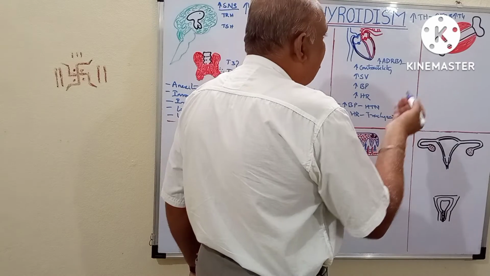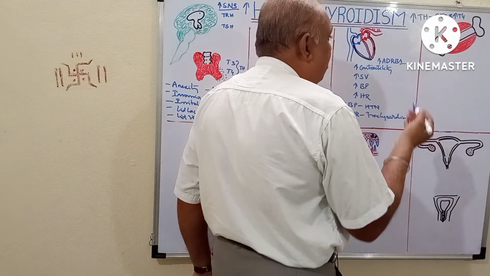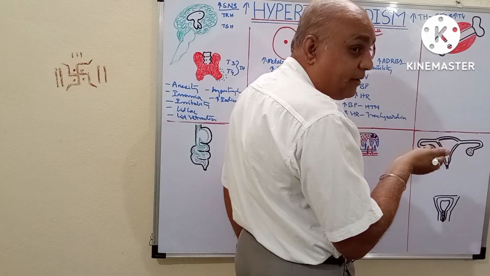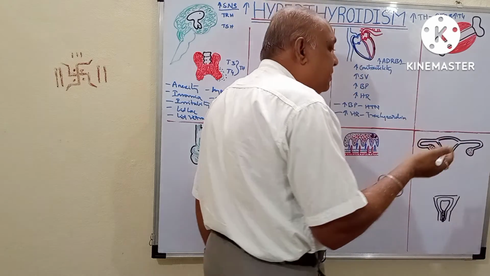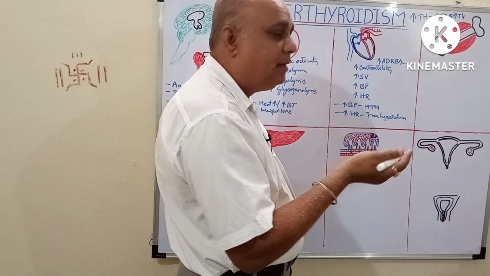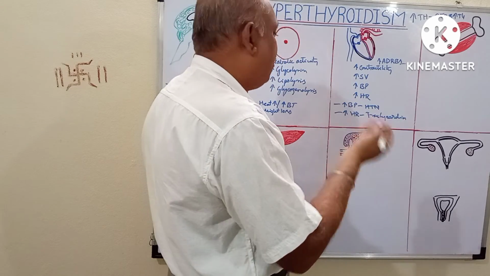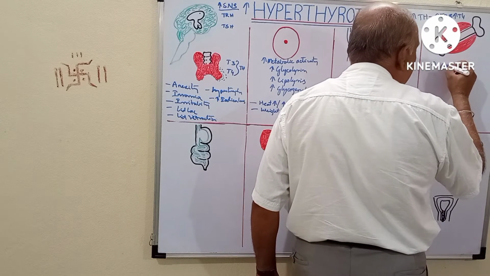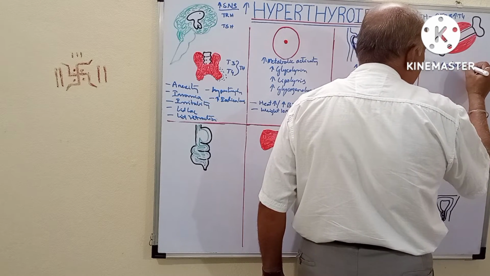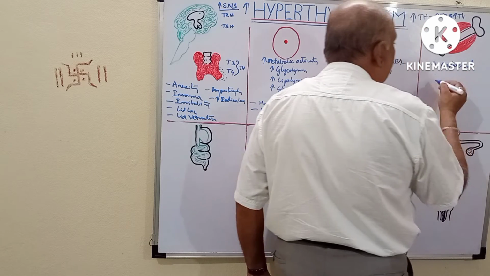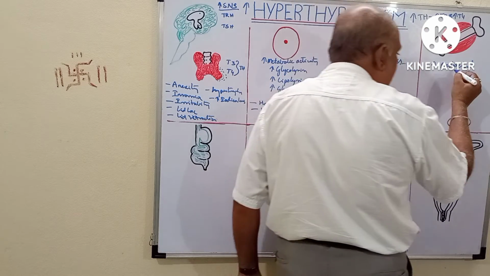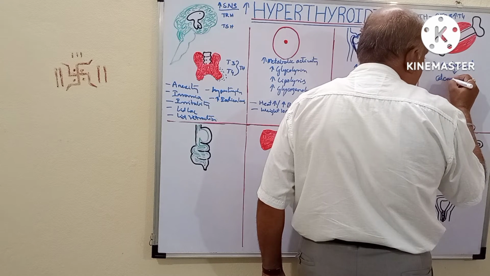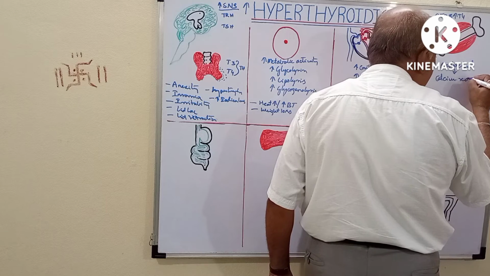In bones and muscles, the normal thyroid hormone is to maintain the balance between osteoblast and osteoclast. But in hyperthyroidism, it promotes increased osteoclast activity. Because the osteoclast activity has increased, there is a possibility of calcium reabsorption.